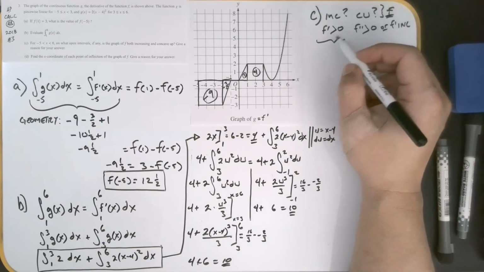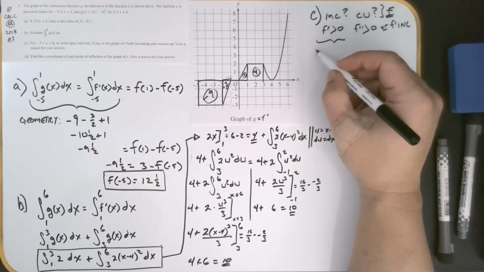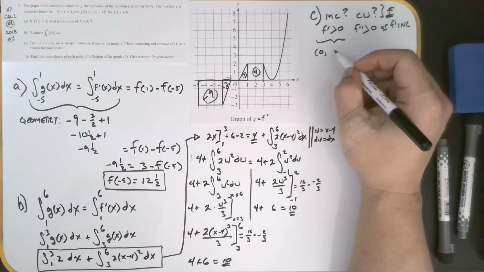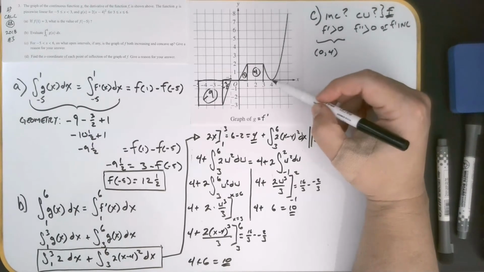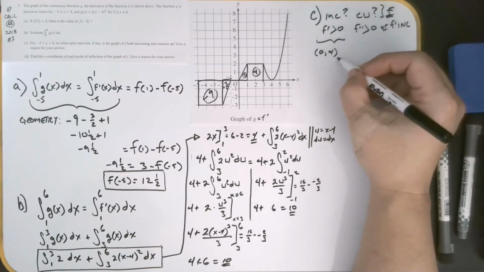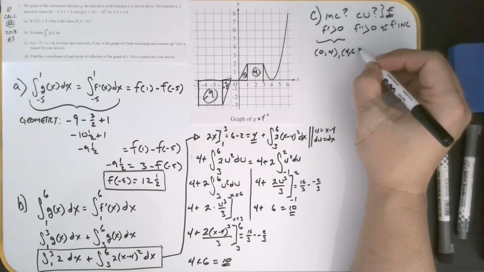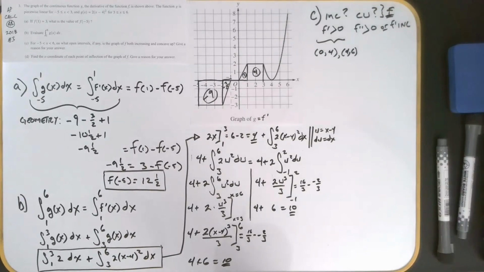So where is the first derivative positive? Well, it's positive from 0 to 4, and then we're kissing the x-axis right there. So I'm going to put a comma, and I'm going to say from 4 to 6. There would be where the first derivative is positive, so that's where it's increasing.